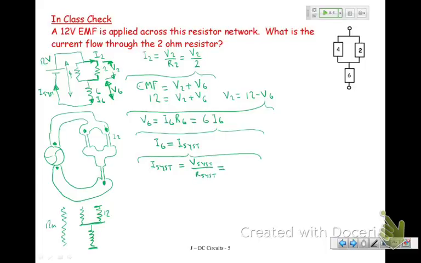And V system, well, that's just your EMF over R system, which equals 12 over R system. Ooh. So next, I have to find my R system.